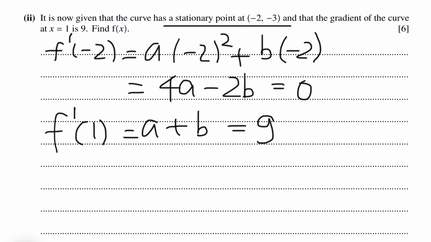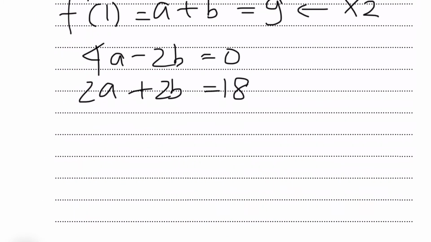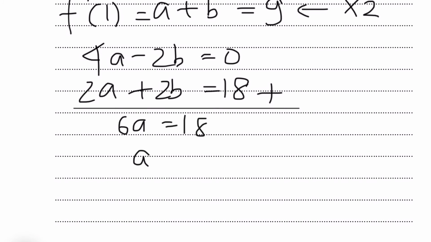I will multiply this by 2, so I will use elimination. 4a minus 2b is equal to 0, and 2a plus 2b is equal to 18. So add these together. 6a is equal to 18, and a is equal to 3. Now input a as 3, so 3 plus b is equal to 9. So your b is 6.